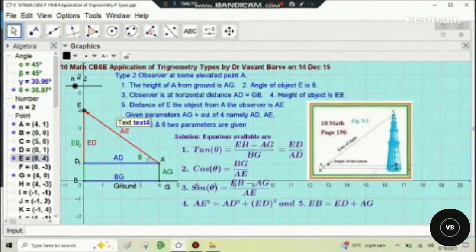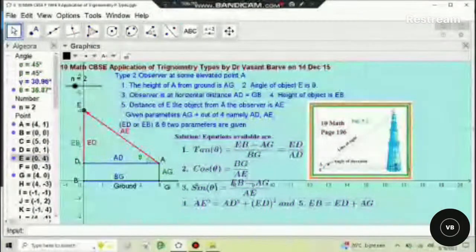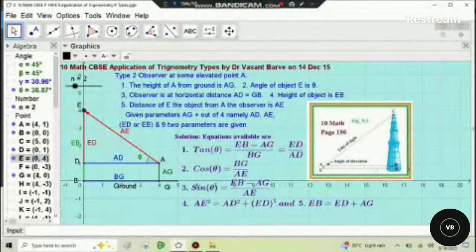Now, the angle of the object is theta. Observer is at horizontal distance AD, which is equal to GB. These two distances are equal. You must know this distance to find this height, or if you know the height, you can find this distance. Either way.